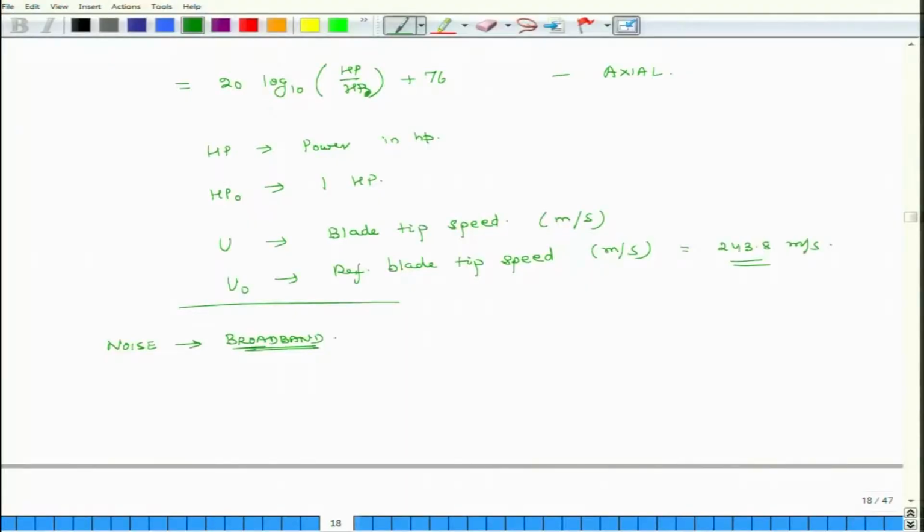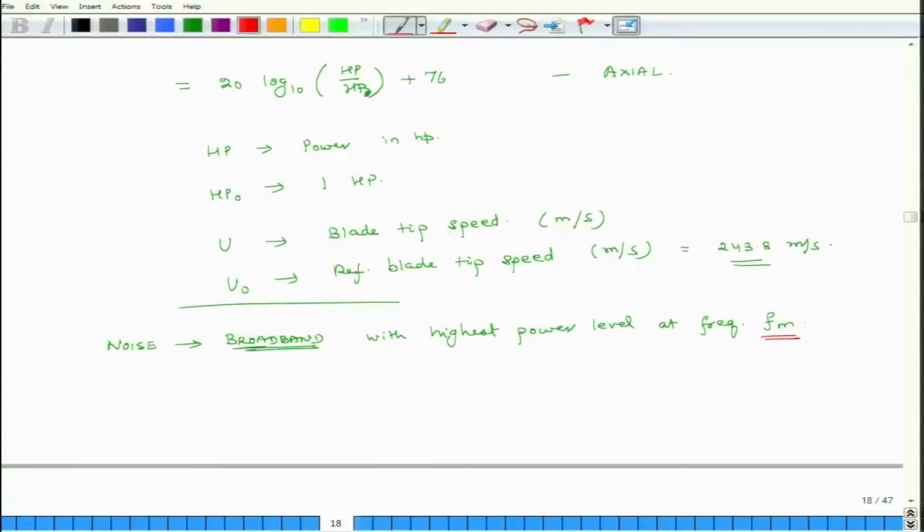It is broadband with highest power level at frequency Fm. Now, this frequency Fm is different than the other frequency which we had talked about, which is blade pass frequency. This frequency Fm is different.